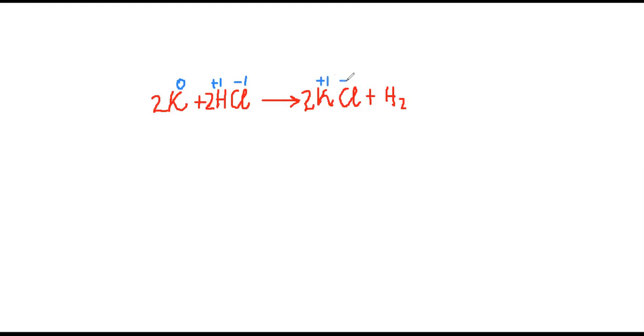Oxidation number of chlorine minus 1. And hydrogen 0 because it is a free element, single element. Okay, now where is the increase in oxidation number? Where is the change? Here. And the decrease in oxidation number? Here.